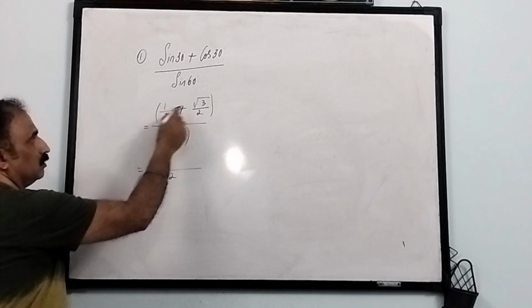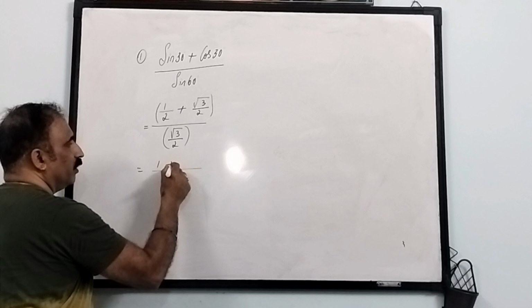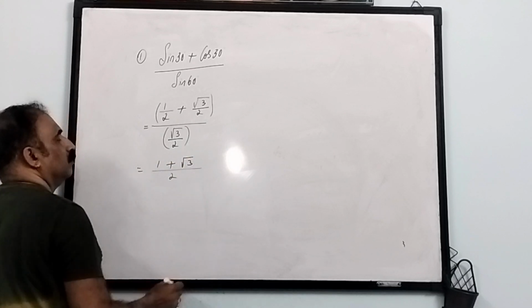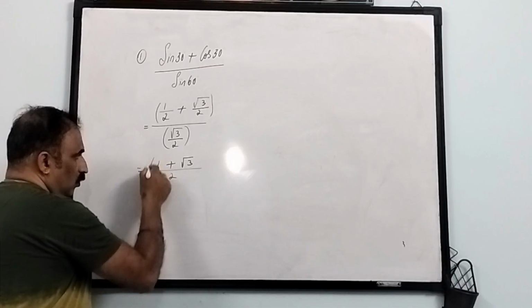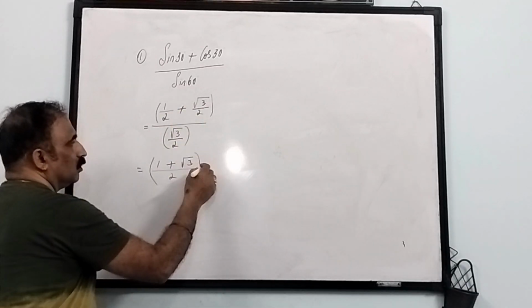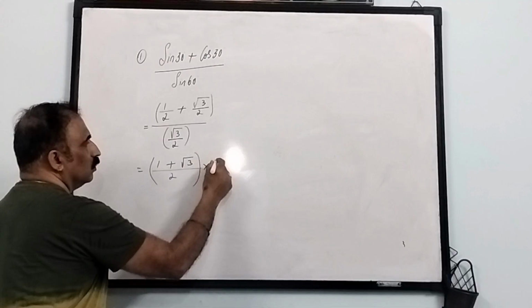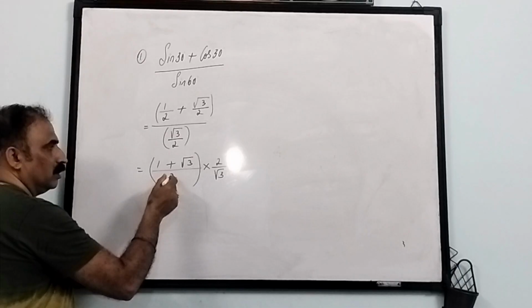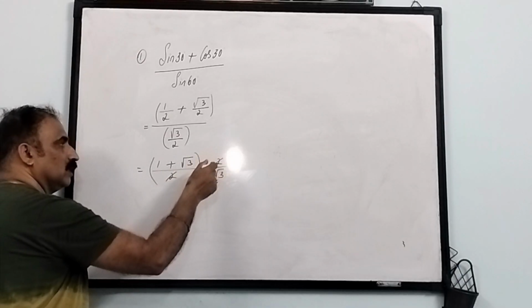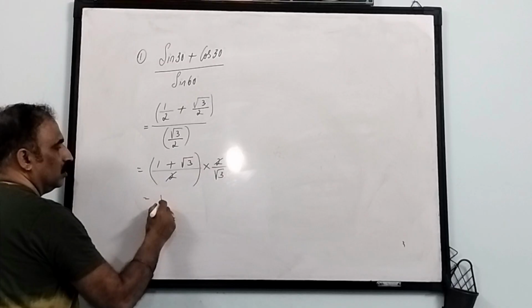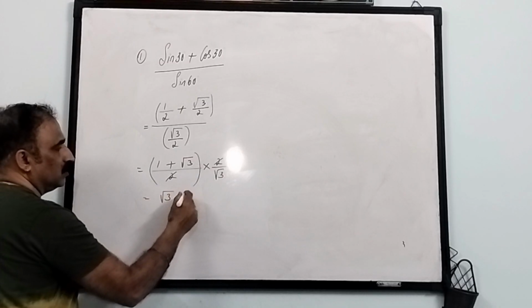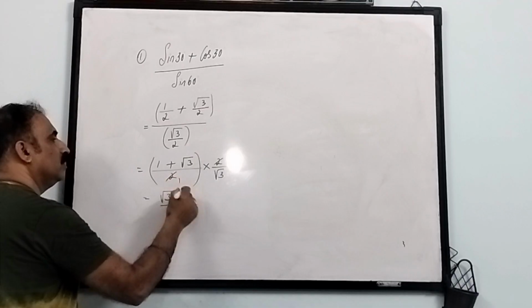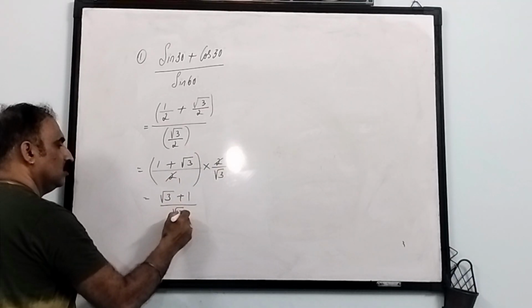So this remains as it is. It is going to be 1 plus root 3. Now whatever is the numerator, the denominator is going to get reciprocal, into 2 by root 3. So now it is a product, so 2 and 2 get cancelled. Therefore write the answer as root 3 plus 1 divided by 1 into root 3, which is going to be equal to root 3.